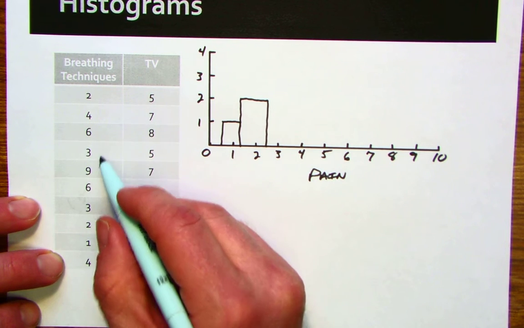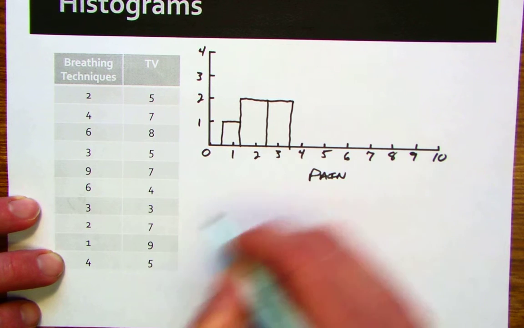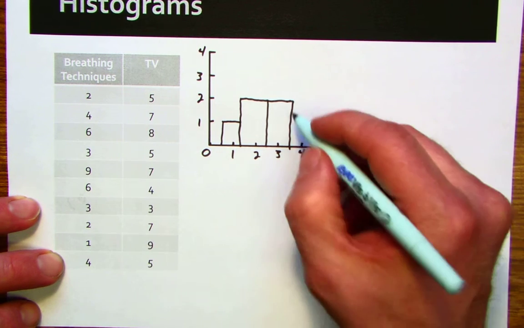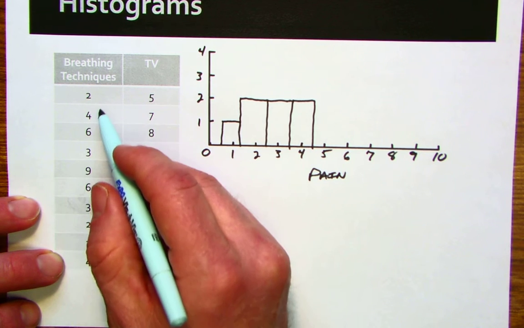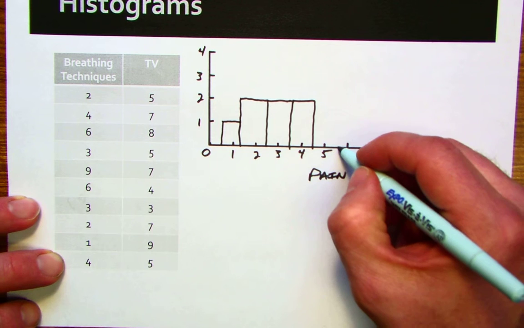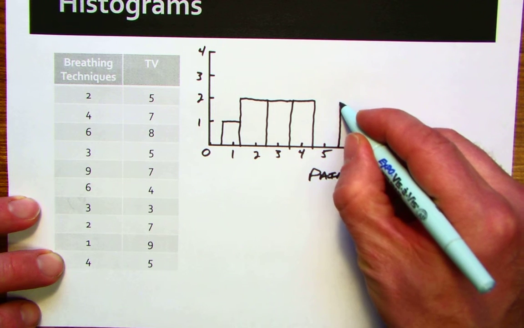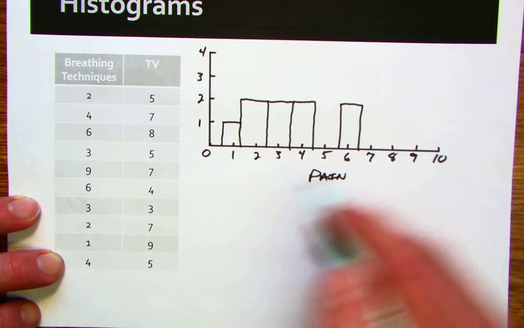For number 3, we have 2. 4, we have 2. 5, there's no 5s in here, so we leave that spot blank. The 6, we have 2. There's no 7s, there's no 8s, and there's 1 9.